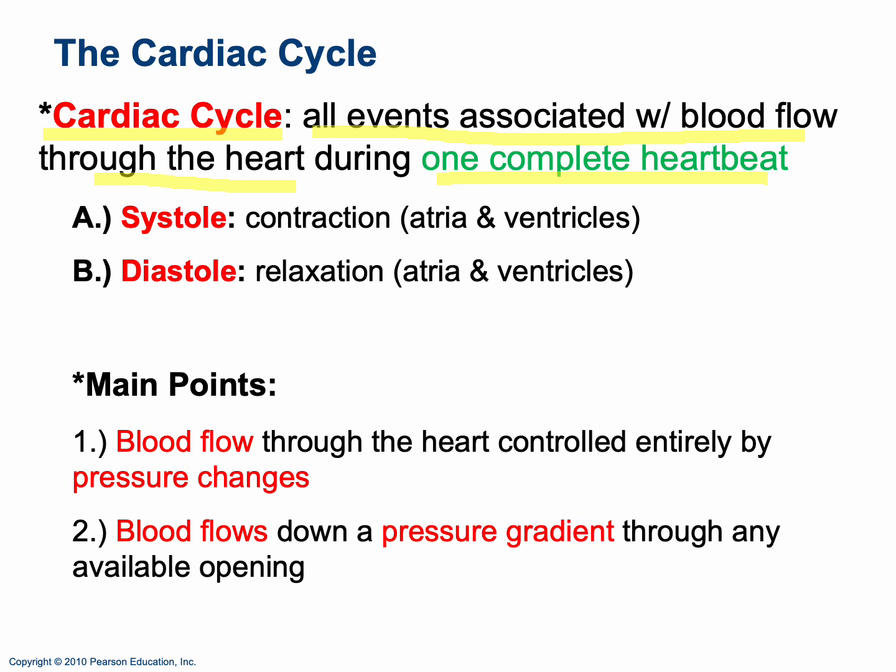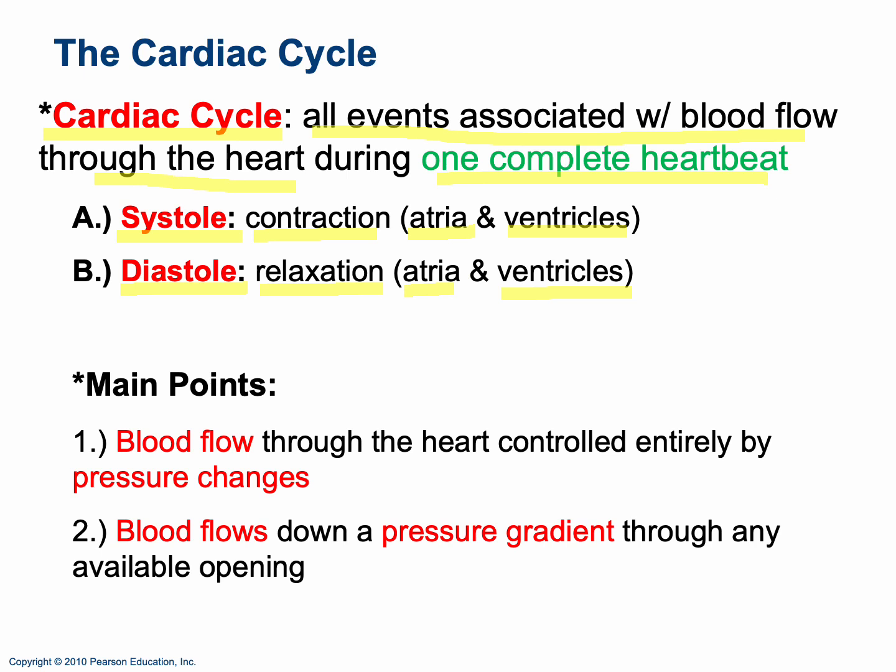We'll see this on the graph coming up. Two very important terms that are critical to be aware of are systole and diastole. Systole is referring to the contraction of either the atria or ventricles. The term diastole refers to relaxation of the atria and ventricles.